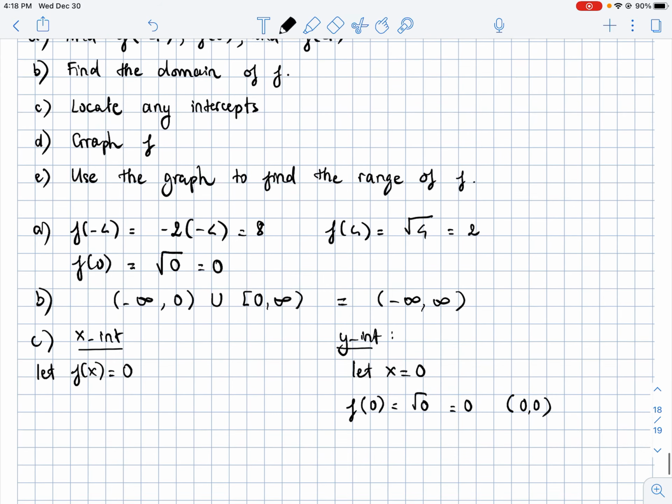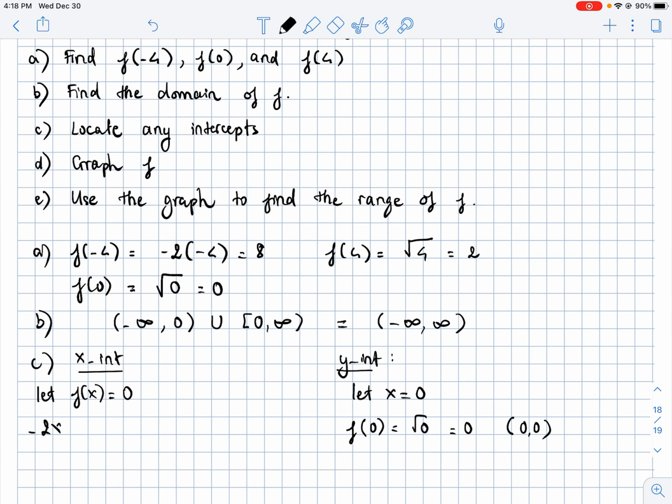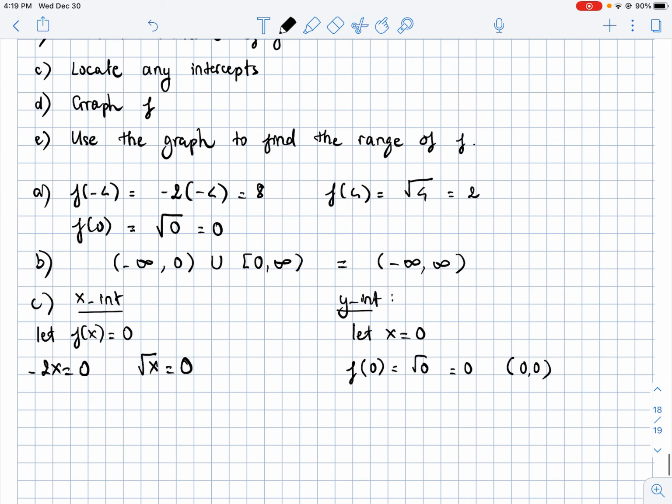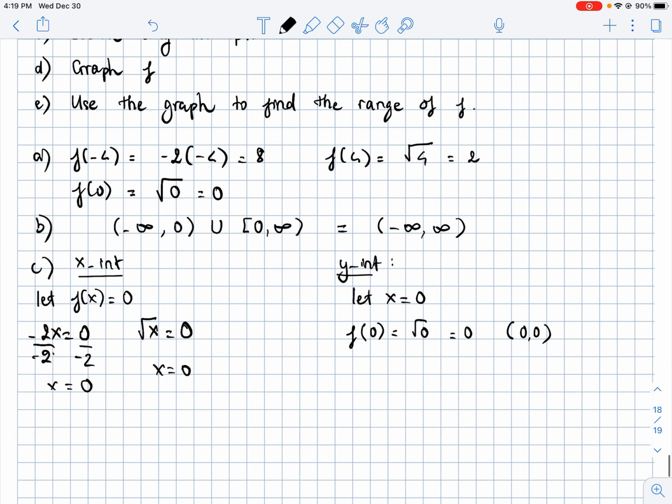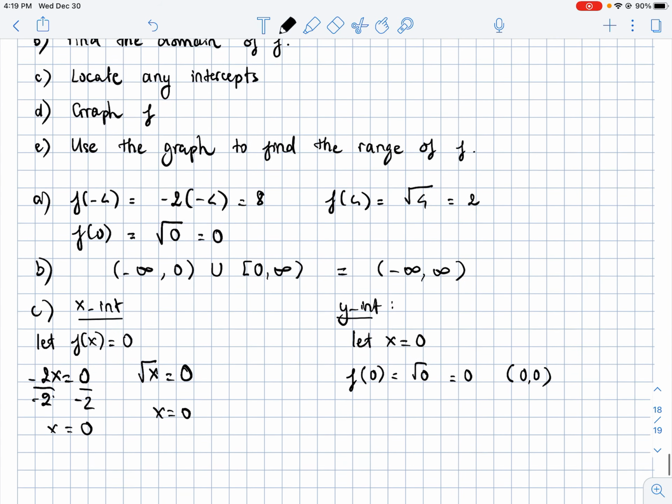For the x-intercept, we let f of x equal to 0. Since the function f has two pieces, we have to set the two pieces equal to 0. So negative 2x equals 0 and square root of x equals 0. We divide both sides by negative 2, then we get x equal to 0. And the second piece also gives x equal to 0.